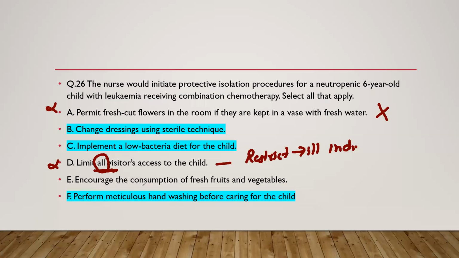Last option, encourage the consumption of fresh fruits and vegetables. Fruits and vegetables that are not peeled or are fresh should also be avoided until the WBC count rises. If there is a decreased WBC count, we can't give fresh fruits and vegetables without peeling, because it can also increase the risk of infection in the child.